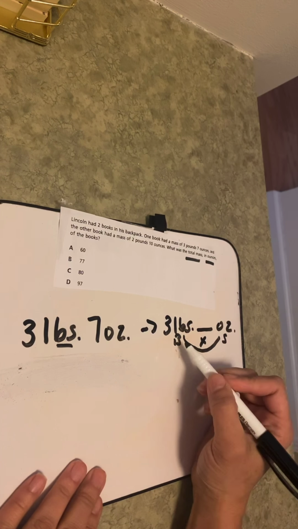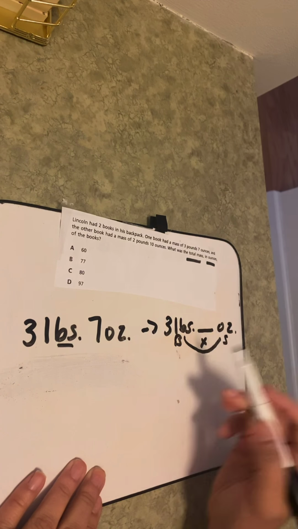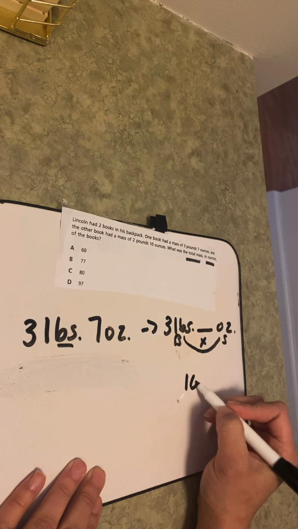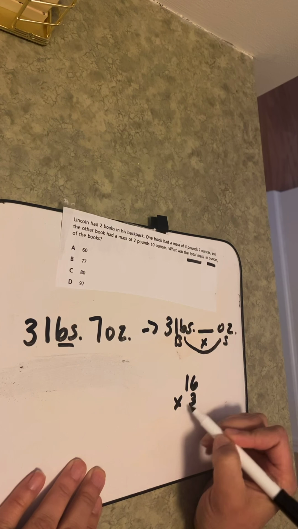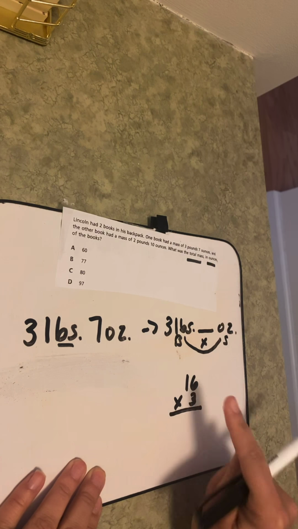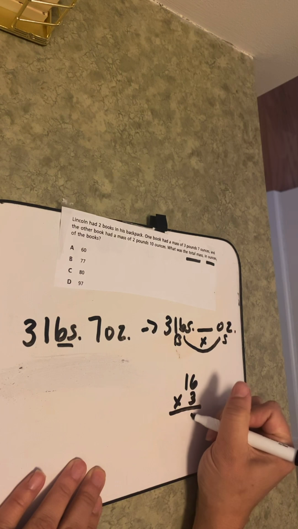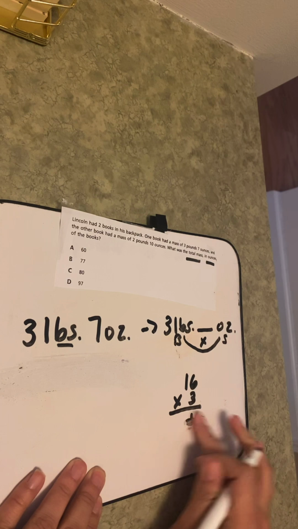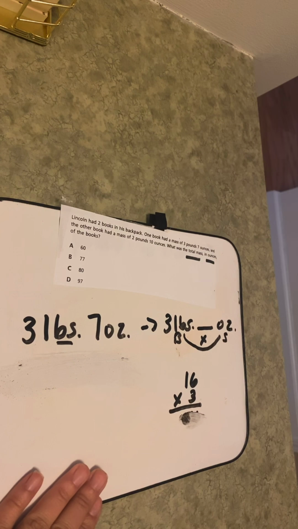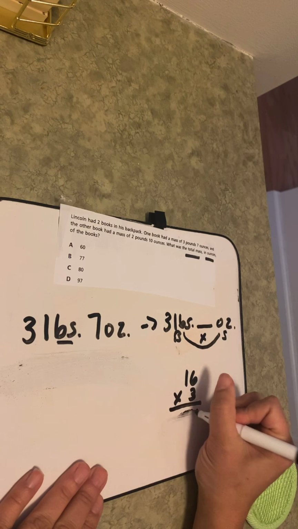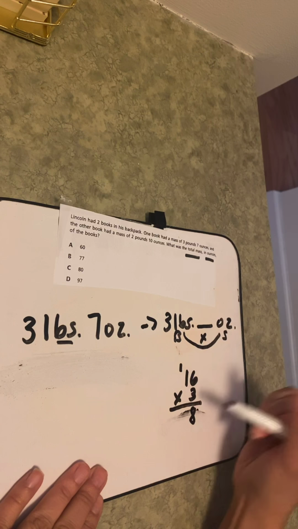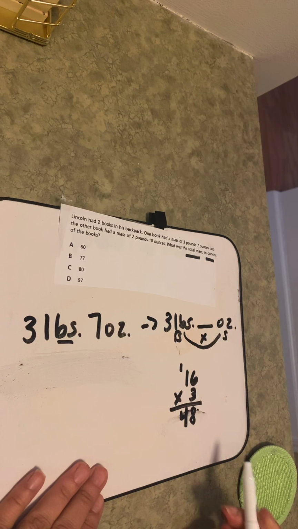So here we have 16 ounces times 3, because for every pound there's 16 ounces, and we have 3 pounds. That's going to be 48 ounces.